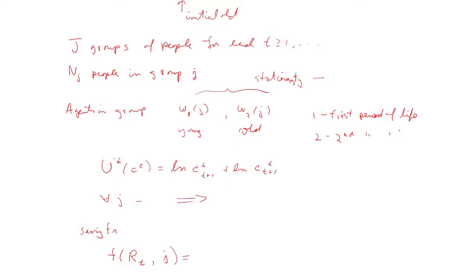For this j person, it's going to be half of the person's first period endowment minus the second period endowment divided by R_t.